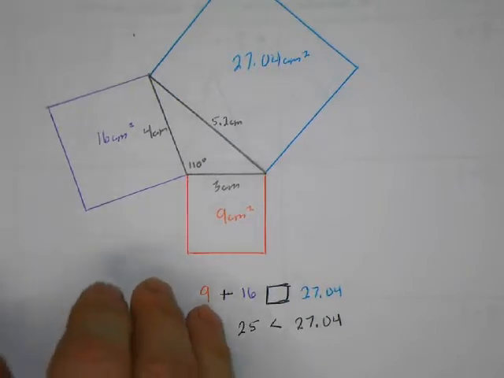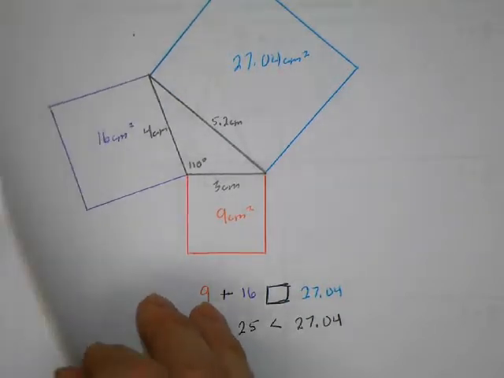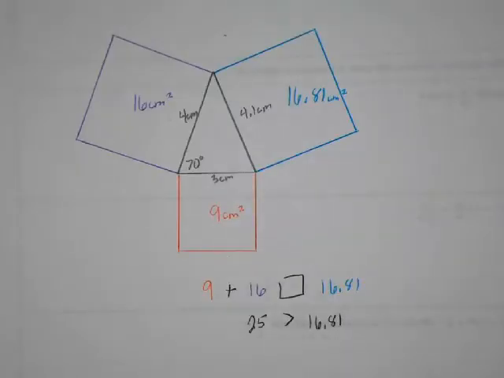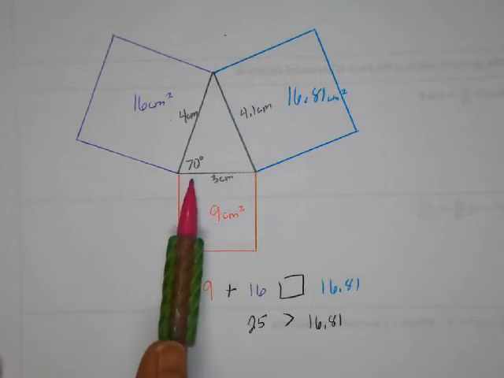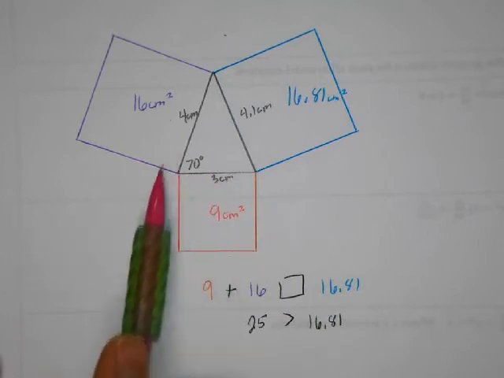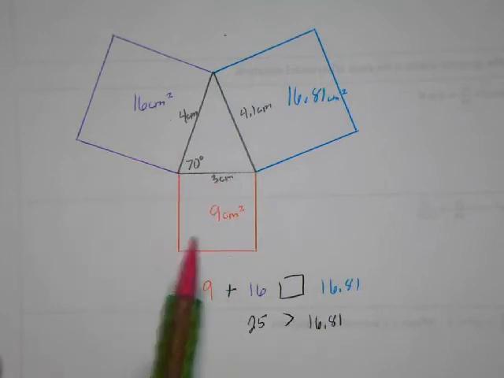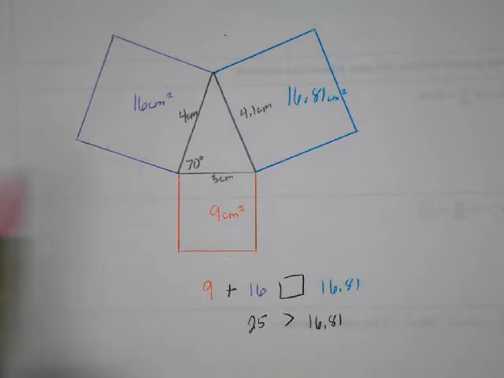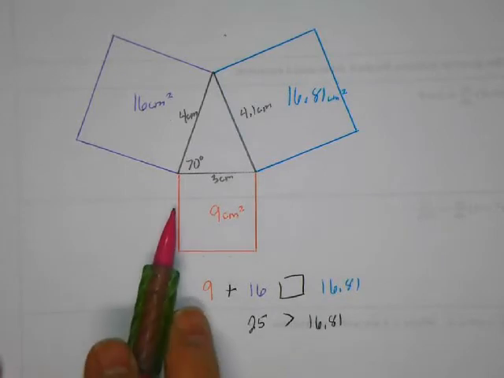Well, we got one more that we can look at here, and I'm keeping the same dimensions. Here I kept the side length of 3 and the side length of 4, so the squares that would be made off of those. Oh, sorry, my computer is freaking out on me here.